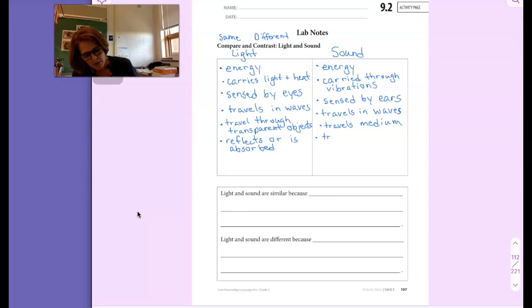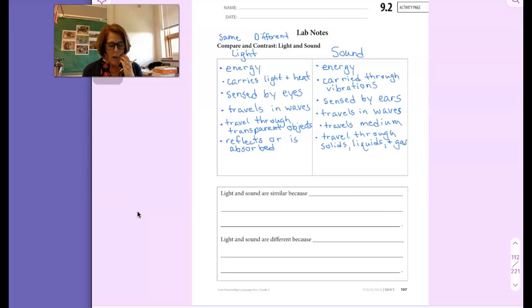Sound can travel through solids, liquids, and gases. So light doesn't travel through opaque objects, but sound can, right? Because sound creates those vibrations.